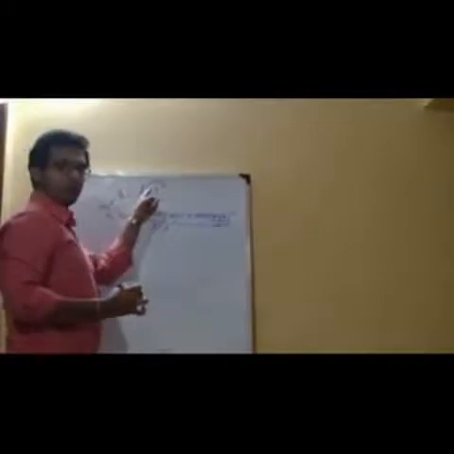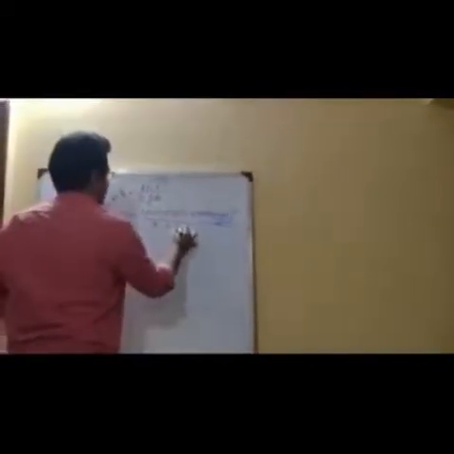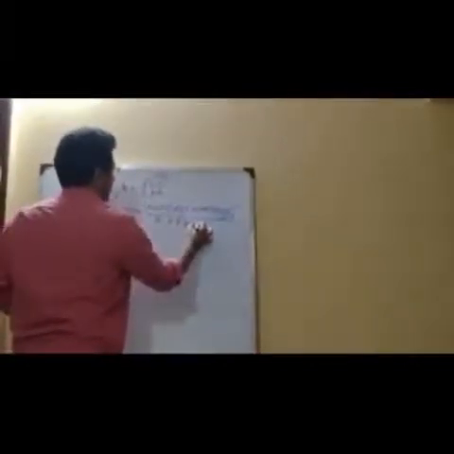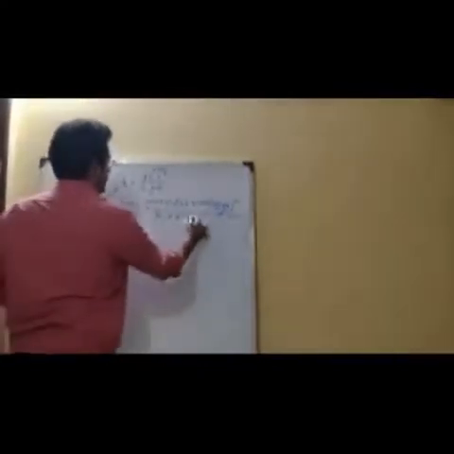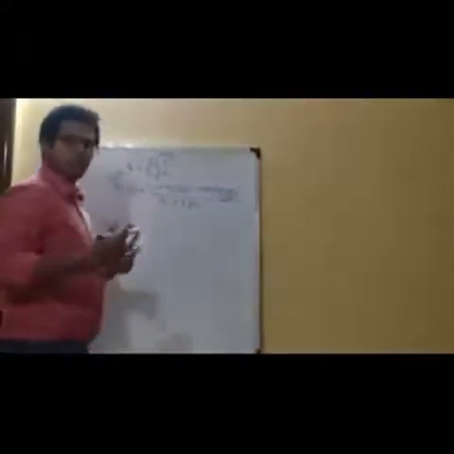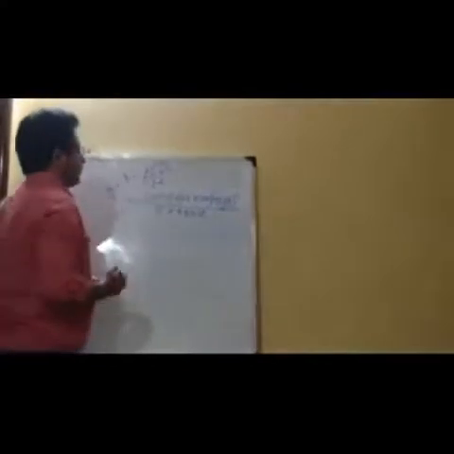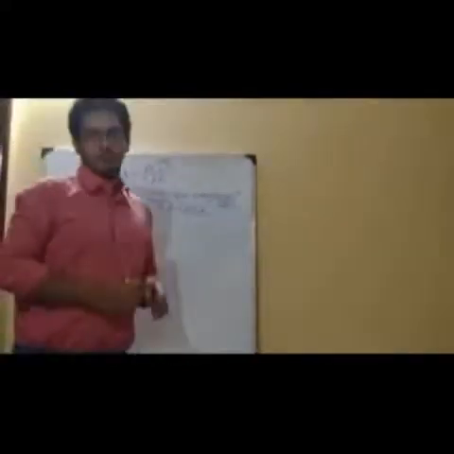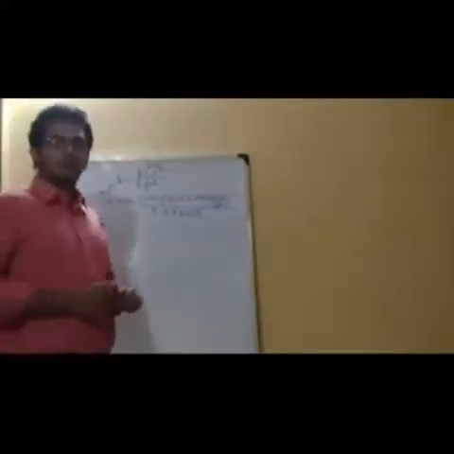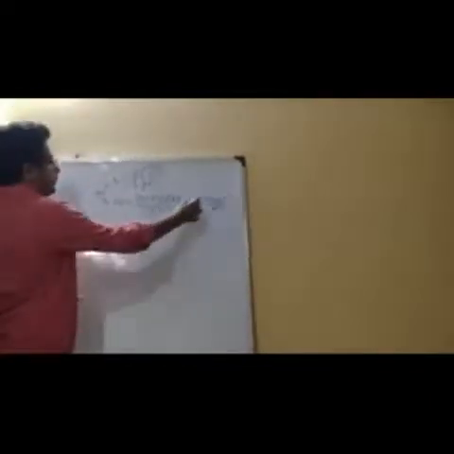G should be in meter per second square, so 9.81 meter per second square. And D we have to calculate. So here we put the value of D.